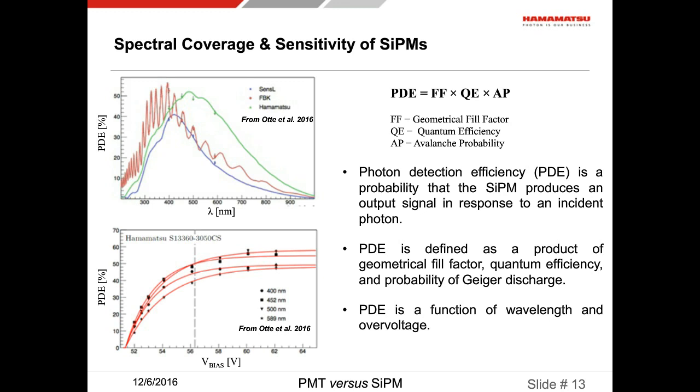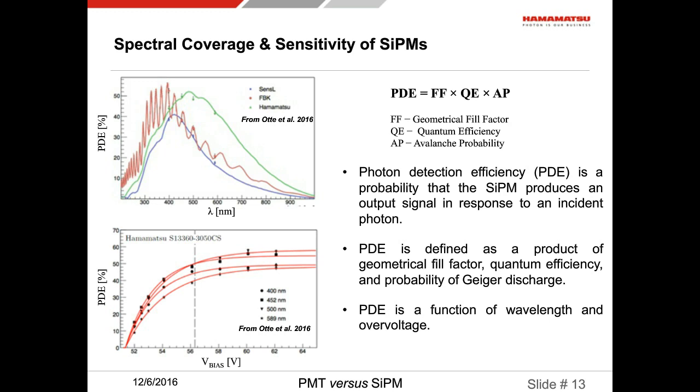On the left-hand side, we see photon detection efficiency as a function of wavelength for three sample SiPMs produced by three major manufacturers, SensL, Ketek, and Hamamatsu. We can see that PDEs can vary greatly from device to device.